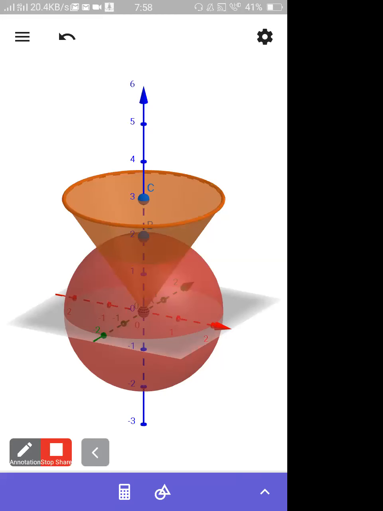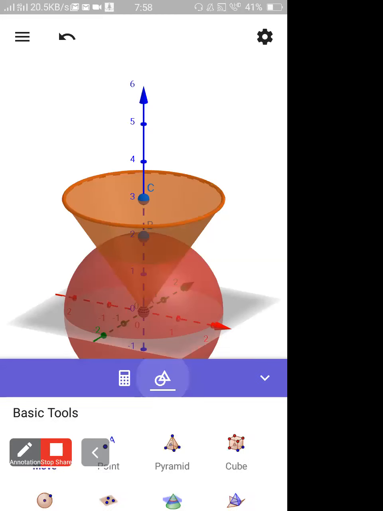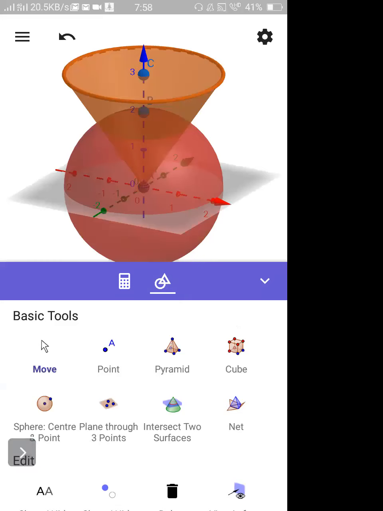I will introduce one more cone here, because we have to observe the change in theta. The theta cone is giving you some theta. Again, to observe the change in theta, you have to introduce one more cone.